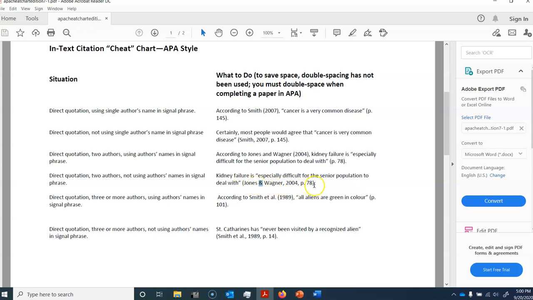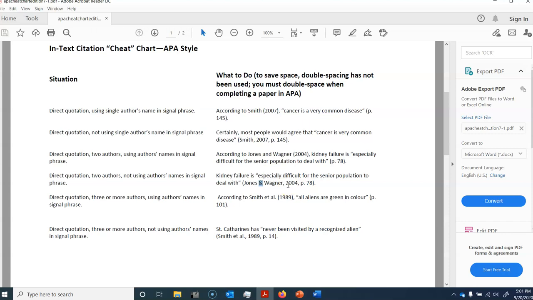And then in my big long bracket at the end, I would put in author one's last name, ampersand, author two's last name, comma, year of publication, comma, P period space, page number, close the bracket, period. Okay, so quite simple. All we're doing is adding in an extra author. Note though, when you're writing about them in your sentence, it's "and" between them. But if you're not writing about them in your sentence and you're doing everything in that big long bracket, it's an ampersand.